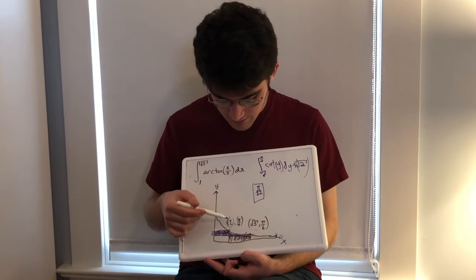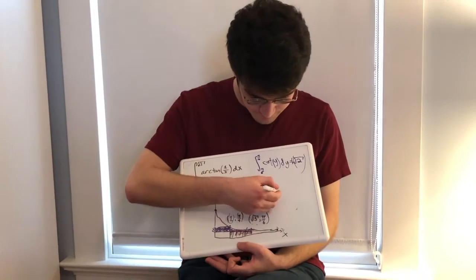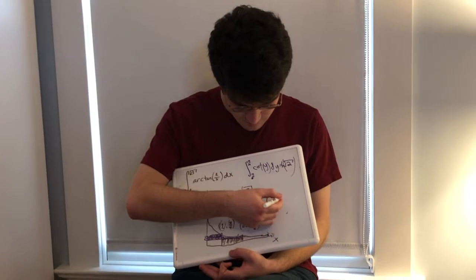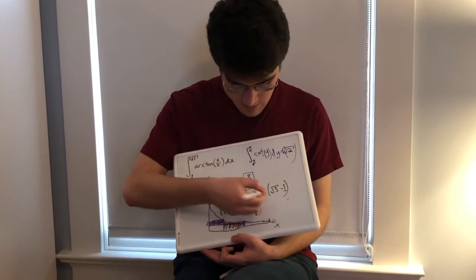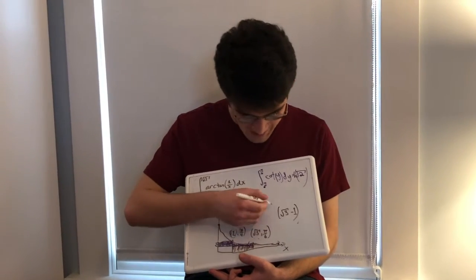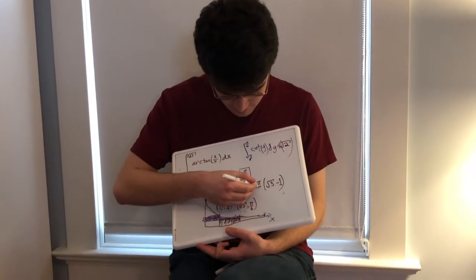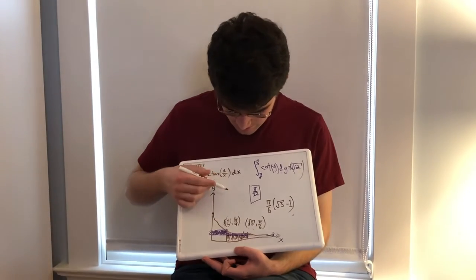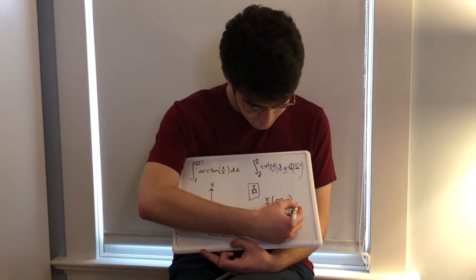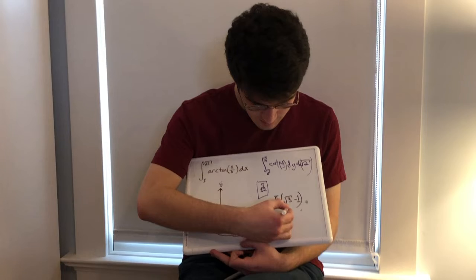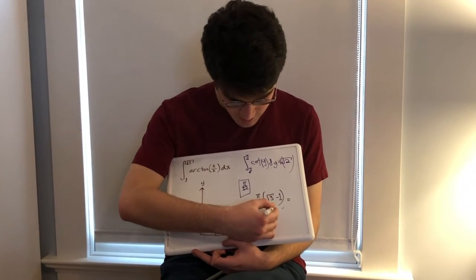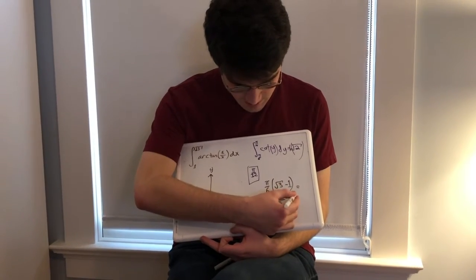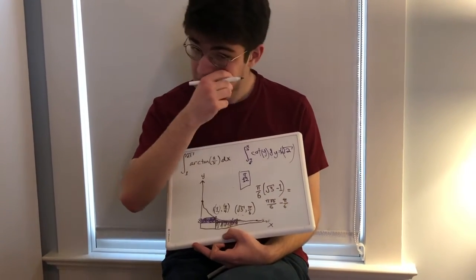It's got a width of root 3 minus 1, multiplied by a height of pi over 6. Which means that its total area is equal to pi times the square root of 3 over 6 minus pi regular divided by 6.